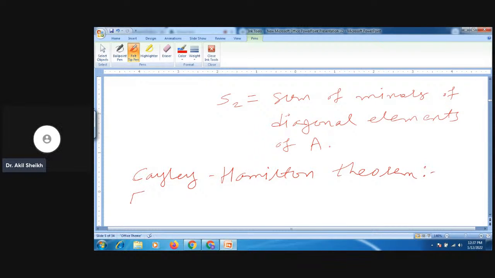It says that every square matrix satisfies its own characteristic equation.